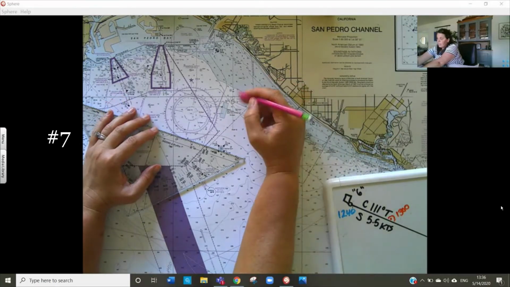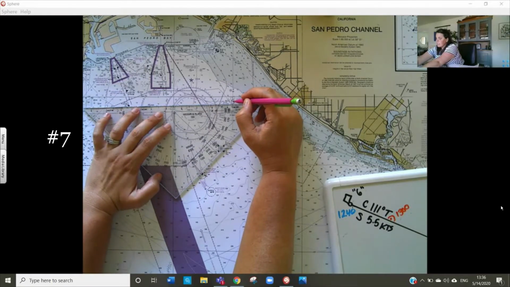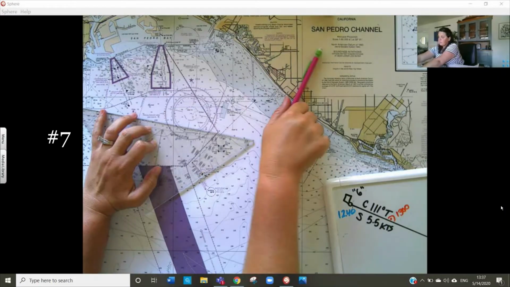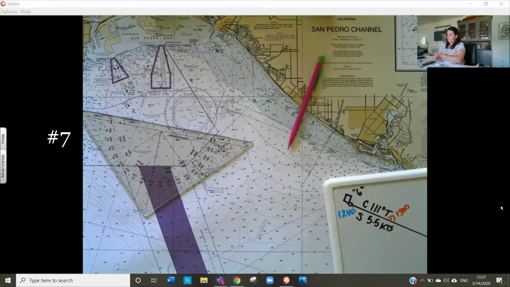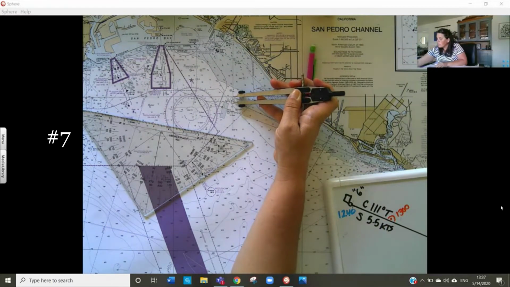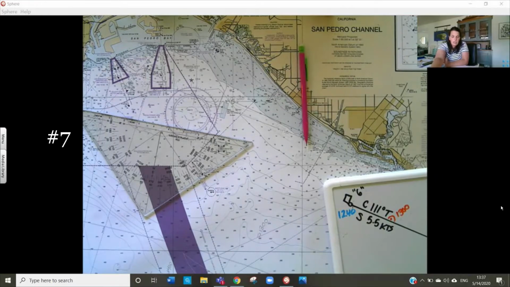We already have a vertical line, so let's make sure this line goes all the way over. So we have a latitude of 39.7, so 33 degrees 39.7.